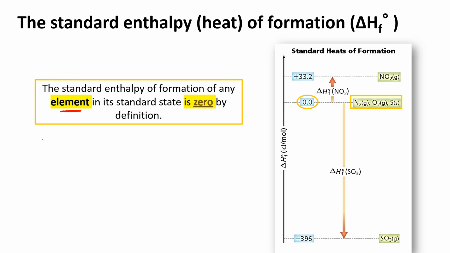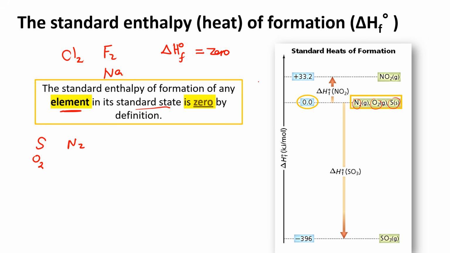For example, if we have sulfur, oxygen, nitrogen, Cl2, F2, Na, whatever, any element, the delta H F for that element is actually 0 by definition. Look here. The enthalpy change of the elements in their normal physical state under standard state conditions is actually 0, guys. So that's only for elements.